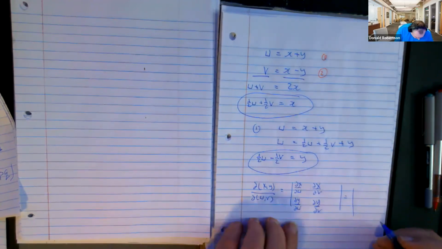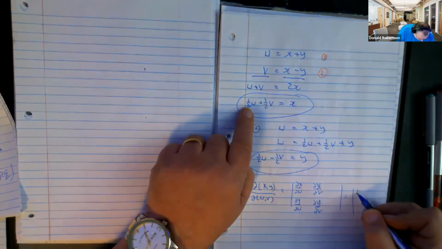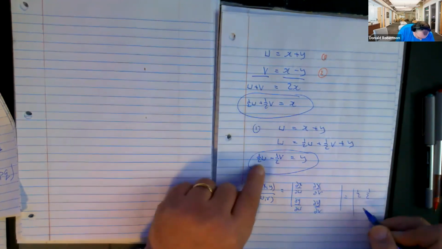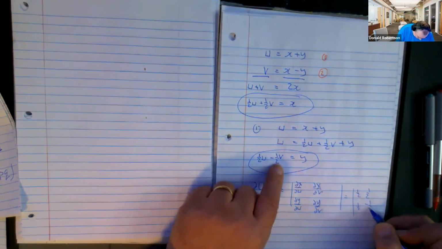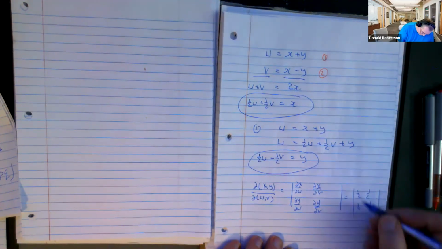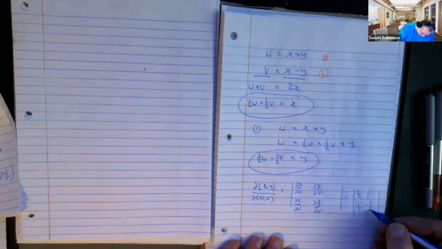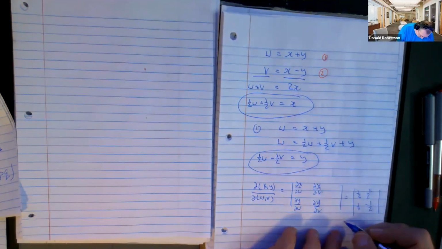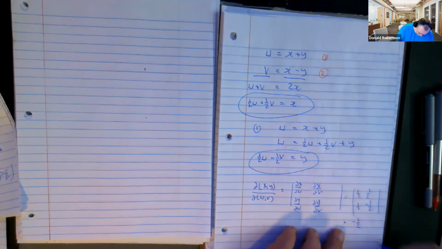And there's going to be a lot of halves around here, so be careful. A half, a half, a half, and a negative a half. Now, when you multiply this, you get negative a quarter. Take away another negative a quarter. The answer is negative a half.